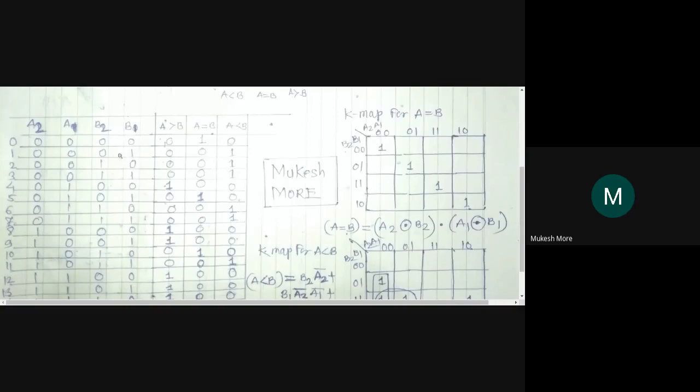In this case, B1 is greater, or you can say B is greater than A. So I am writing in the last column, B is greater and A is less. So A is less, and I am writing here 1.